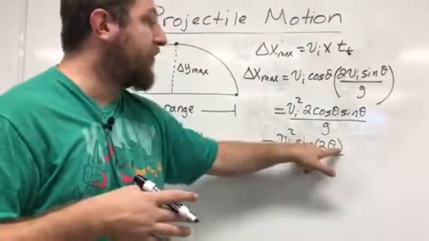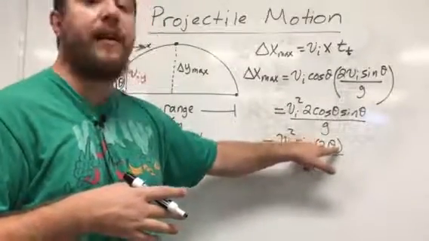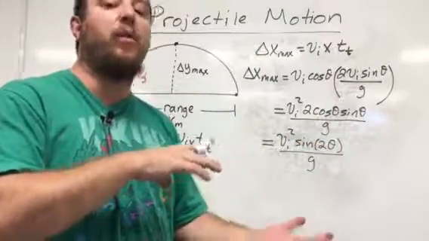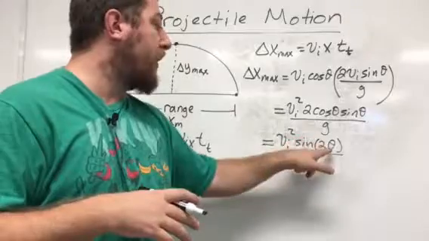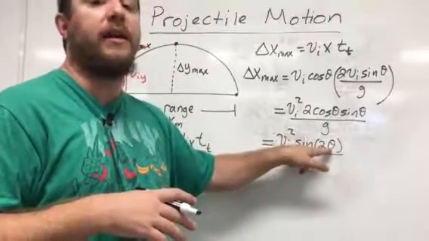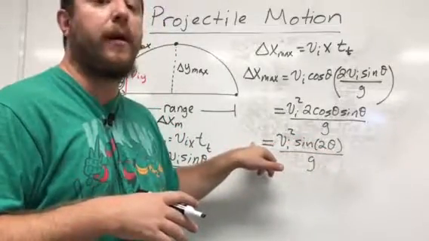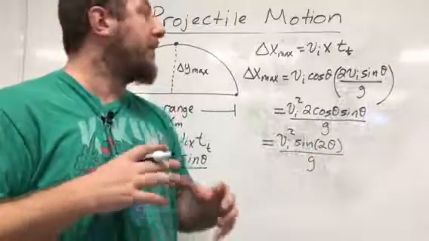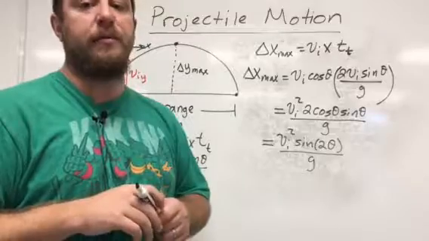If I plug in 45 degrees here, 2 times 45 is 90. The sine of 90 is 1. Sine ranges between -1 and 1. And so whatever value gives me 1 here is going to give me the maximum value for my range, and 45 degrees is what does it. Okay? So that is how to apply these problems to projectile motion.